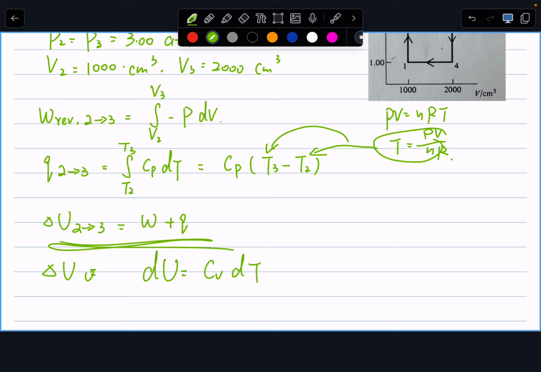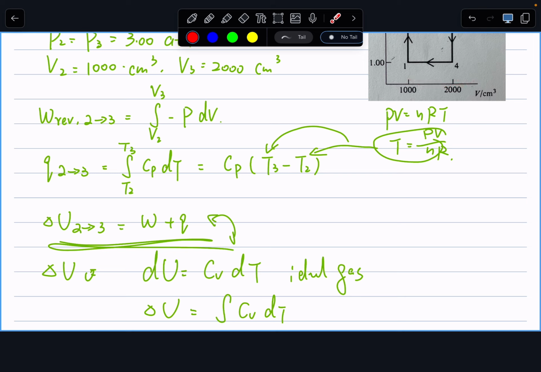Remember, we're talking about an ideal gas, so my internal energy only depends on temperature, and you can write dU equals Cv dT for ideal gases. So delta U equals the integral of Cv dT, and these two will give you the same result. So you can check your answer to see whether or not you get the correct one. Or after you do the entire cycle, make sure to check that delta U ends up vanishing to 0, because for a cyclic process, delta U should vanish to 0.